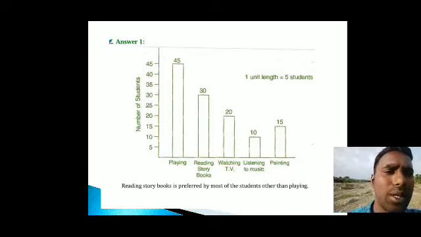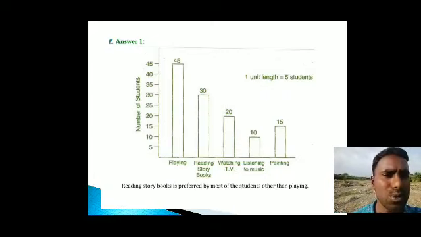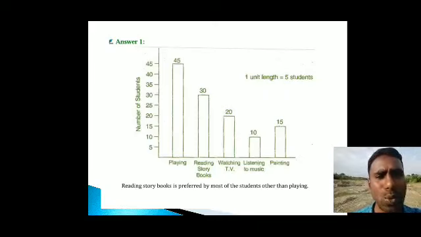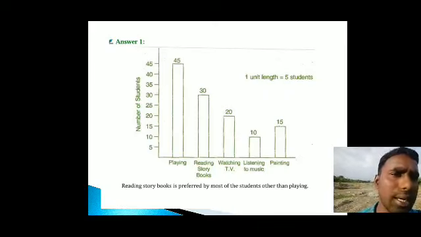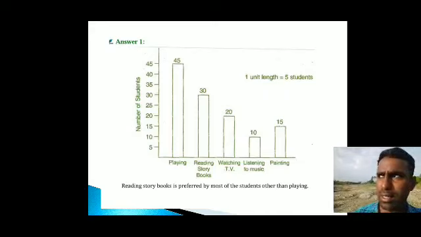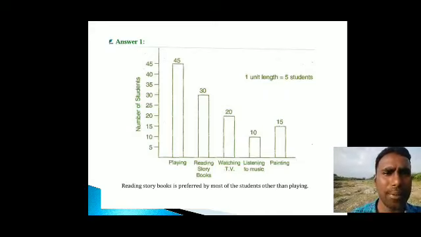So reading storybooks is preferred by most of the students other than playing. The question is, which activity is preferred more other than playing? If you see the height of the bar, 30 is the highest among them.